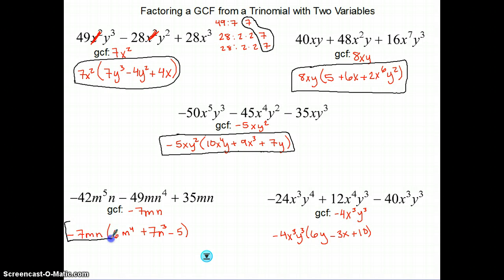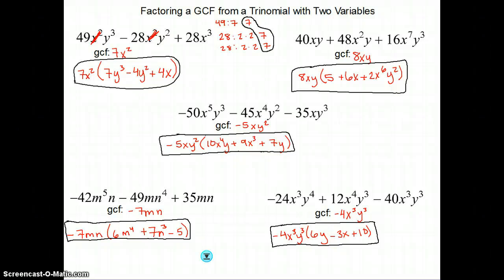Down to the left, you should have negative 7mn as your greatest common factor. Factoring it out, you should have 6m to the 4th plus 7n to the 3rd minus 5. And last, your greatest common factor should have been a negative 4x to the 3rd y to the 3rd. Factoring that out, you should be left with 6y minus 3x plus 10 in parentheses.